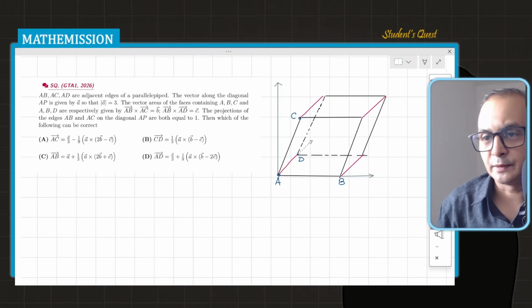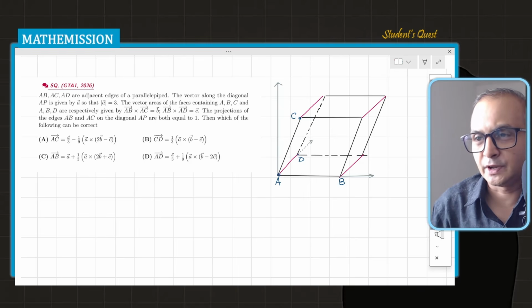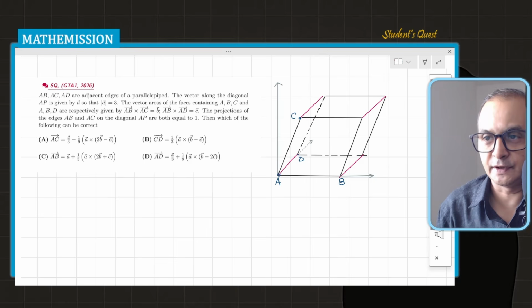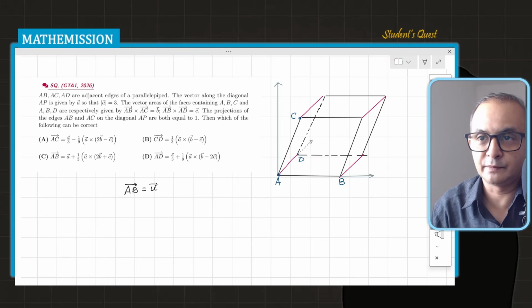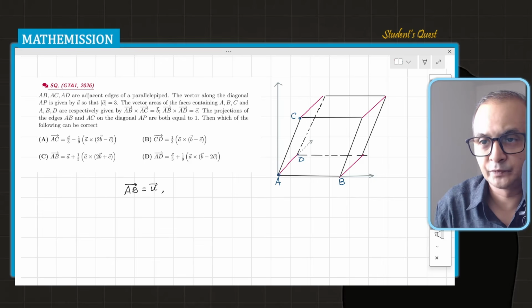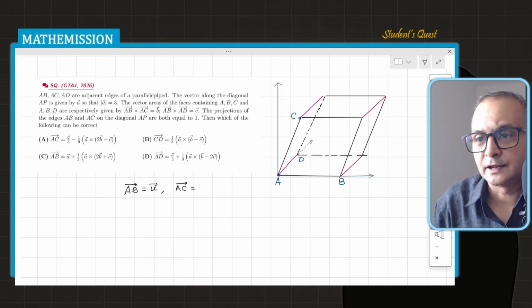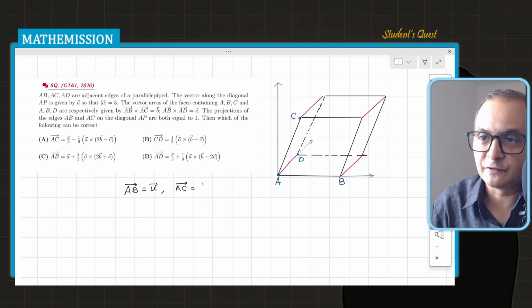Now let's give them names, because I don't want to write the AB vector, AC vector, and AD vector every time. So I'm assuming the AB vector as the U vector, because I cannot assume A vector, since A and B are representing something else. Then the AC vector is the V vector, and the AD vector is the W vector.